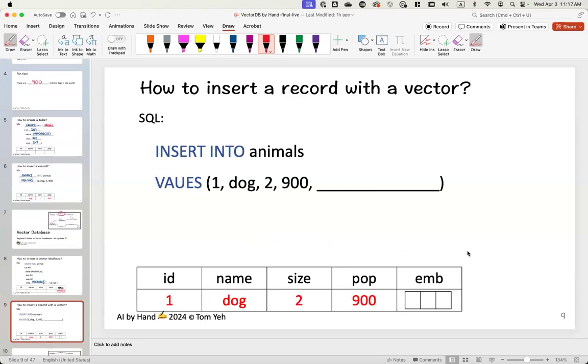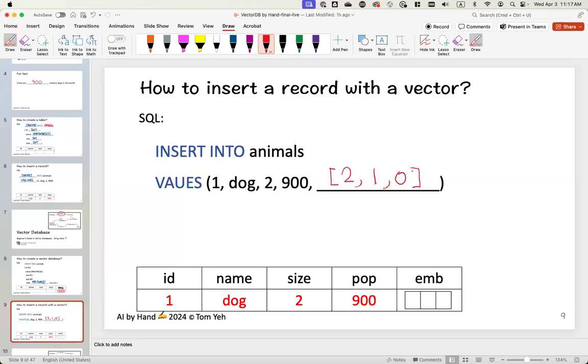And with that, how can we insert a record with a vector? This also follows the same syntax that we worked through in the traditional database example. The only thing that's new is that we add a vector as the 5th property. As a demonstration, suppose for the animal dog, a particular vector representation, or embedding, is 2, 1, and 0. Because we specified earlier that we would like this vector to have a length of 3, that's why I have 3 numbers.